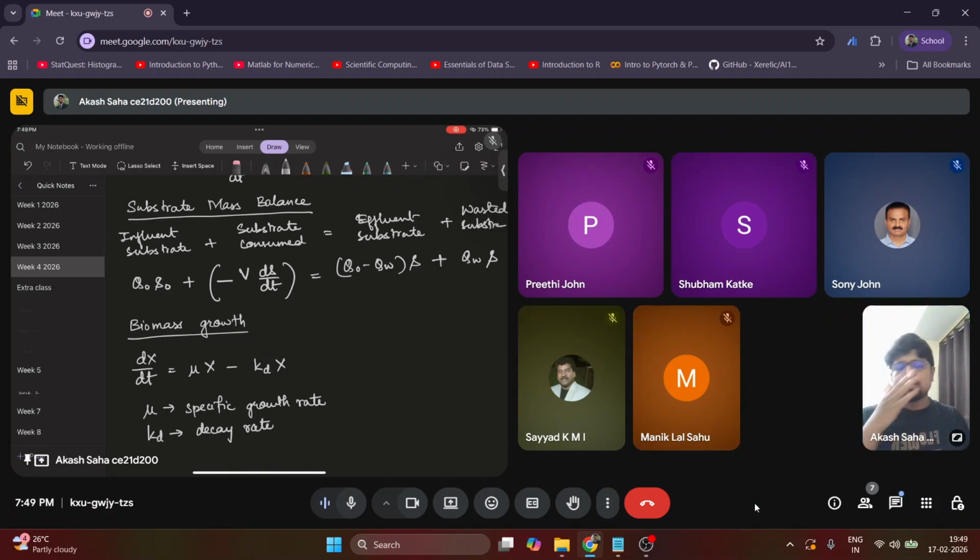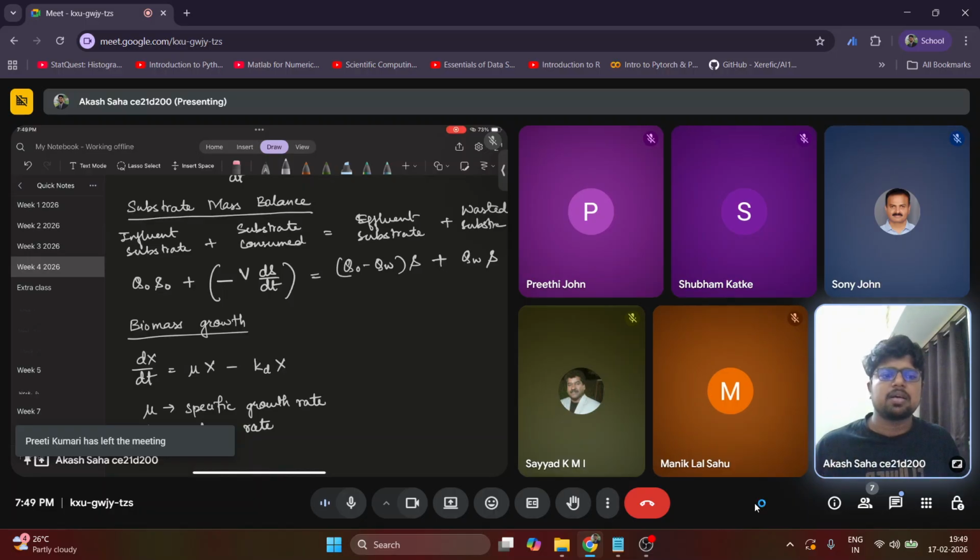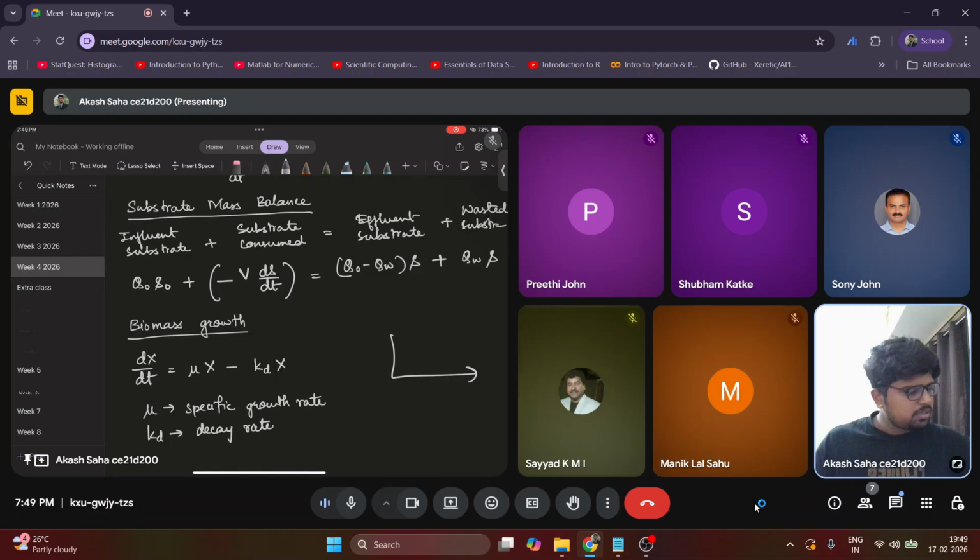So when the biomass grows inside any reactor, it grows following the Monod equation. We have talked much about it. So there is a specific growth rate, that is mu. Mu into x will give how much biomass is getting produced in a period of time, and kd x will be those things which will be getting decayed or dying.